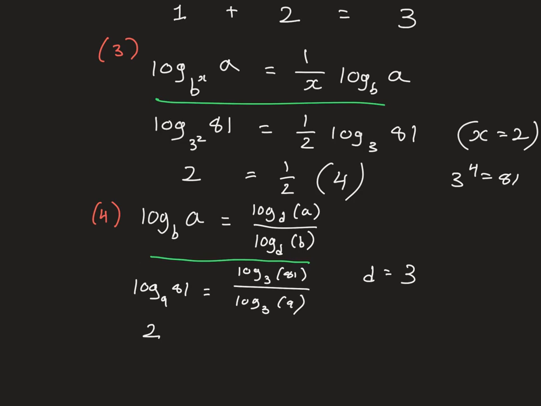And we're just picking d to equal 3. And that's, as we've seen, 4, because 3 to the 4 equals 81, over 2. And that's equal to 2.